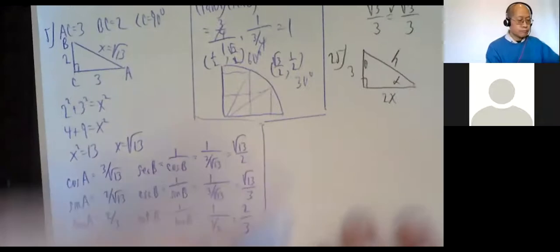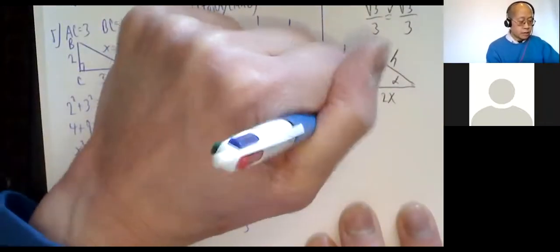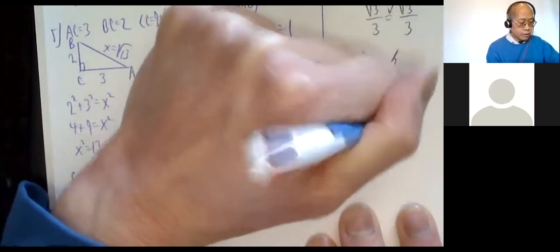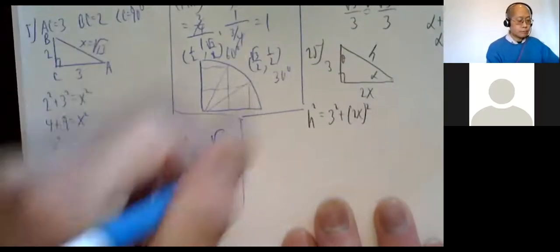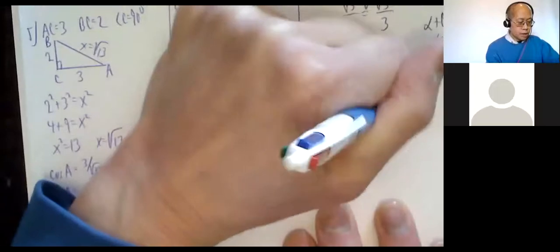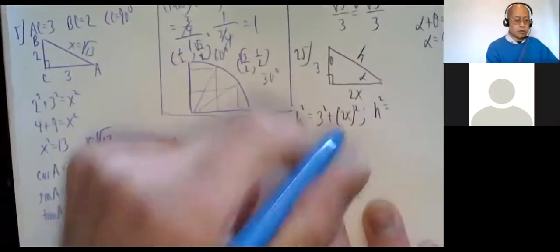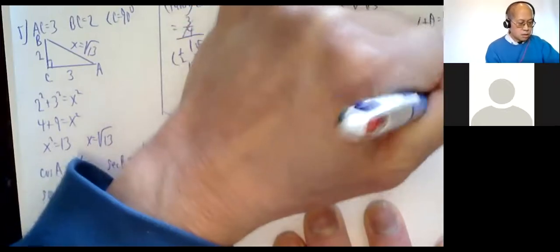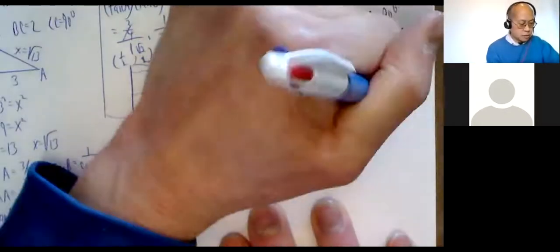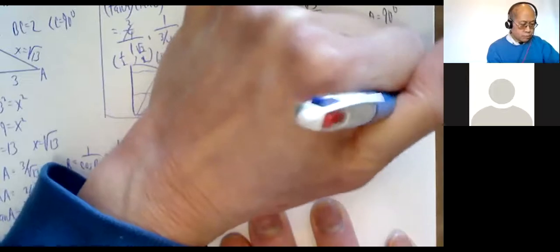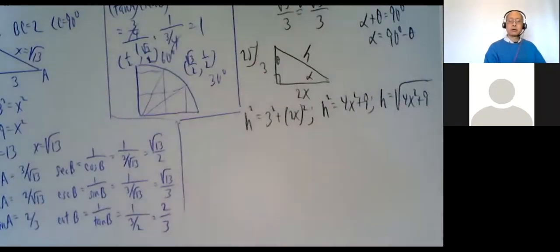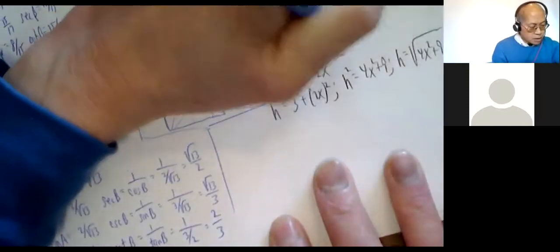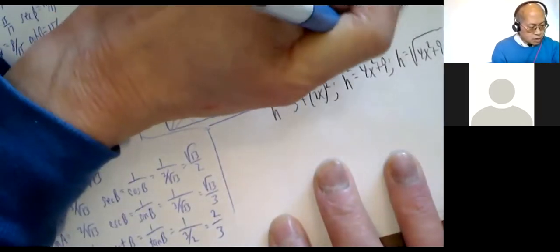All right, so h squared is 3 squared plus 2x squared. H squared is 4x squared plus 9. So h is the square root of that, 4x squared plus 9. All right, so I figured this to be square root of 4x squared plus 9.